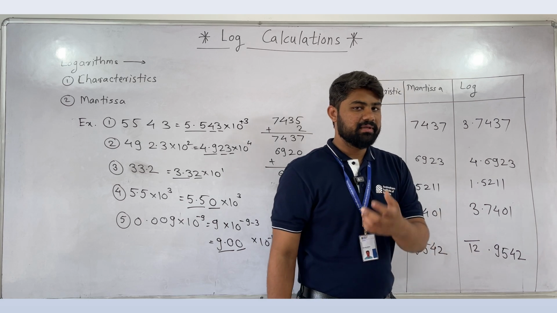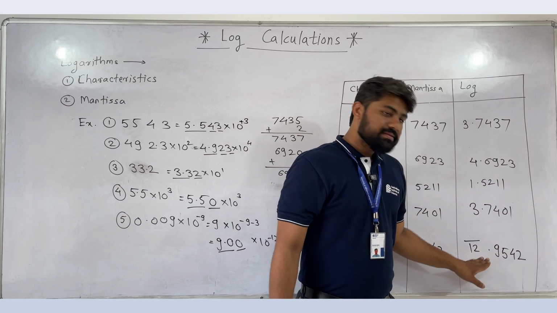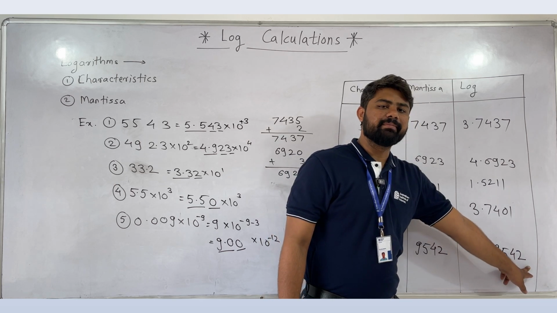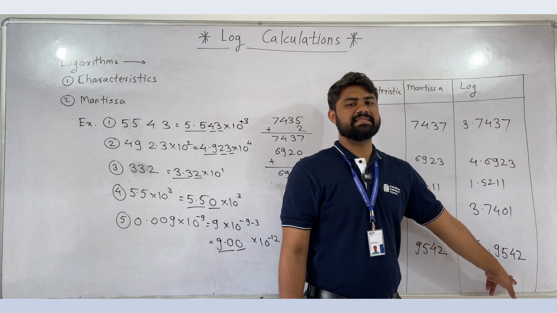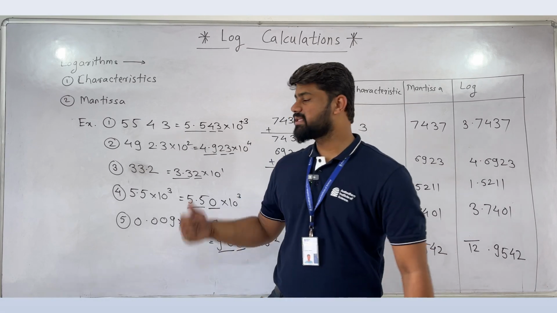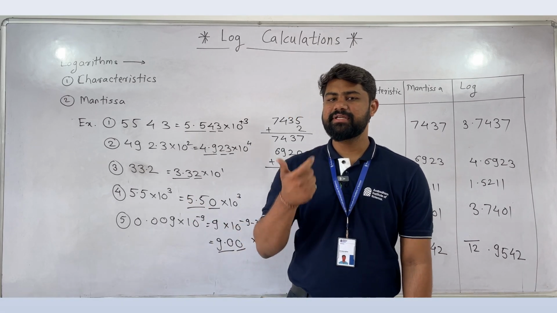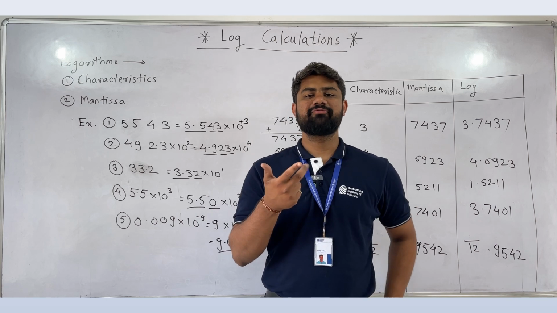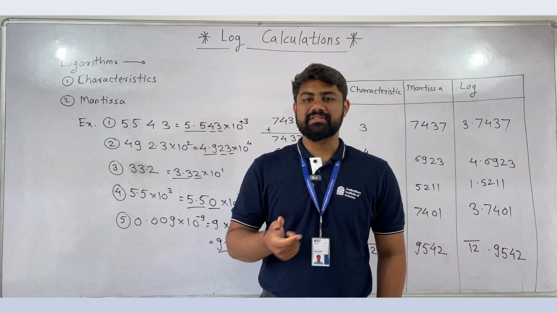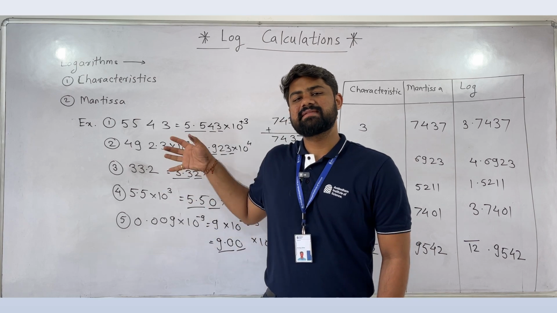Let me repeat. This negative sign is just for 12. The mantissa part of the number is always positive and less than 1. In the upcoming lecture, we will study how to use these logs for multiplication, division as well as to find the powers of a number. And stay tuned for further lectures on the remaining charts as we discussed at the beginning.